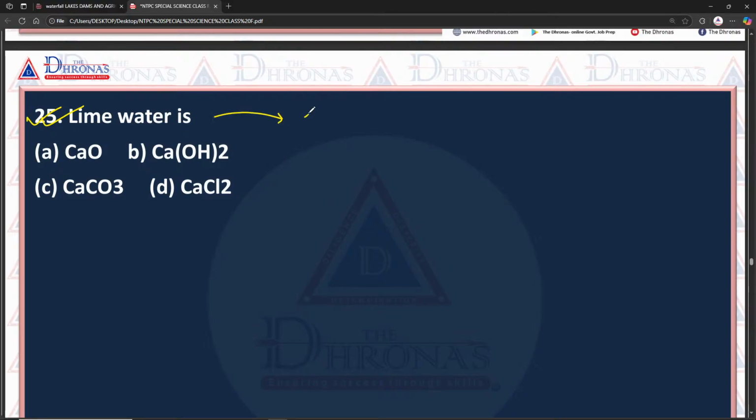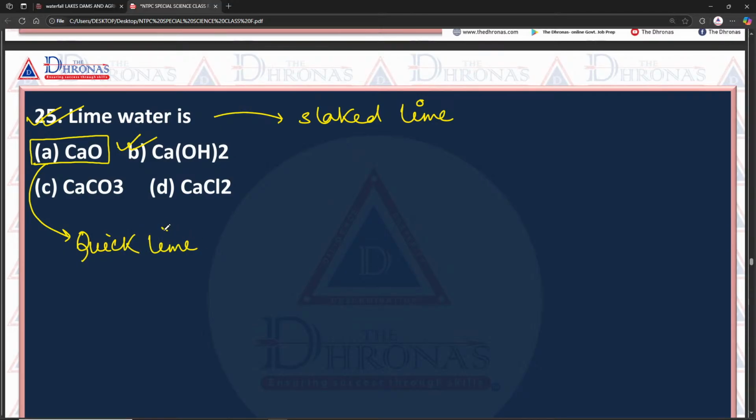Calcium oxide, calcium hydroxide, calcium carbonate, calcium chloride. B, correct. Lime water is also known as flaked lime, calcium hydroxide. Calcium oxide is known as quicklime.